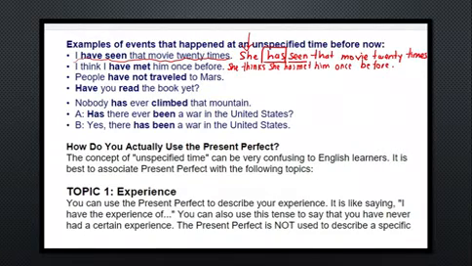Now, next one. People. What pronoun is that? People is they, okay? They. People have not traveled to Mars. Las personas no han viajado a Marte. For example, in this case, I want to say him.